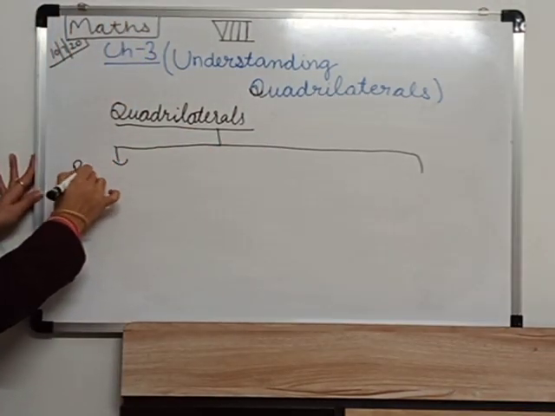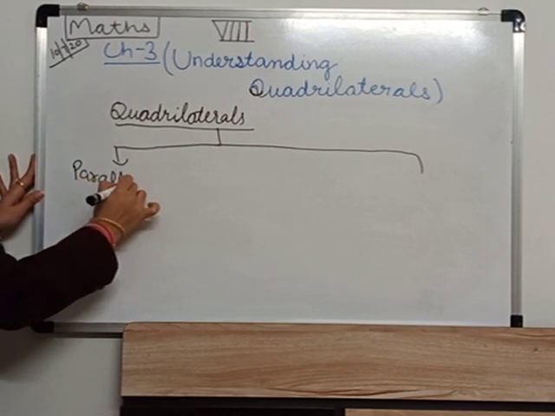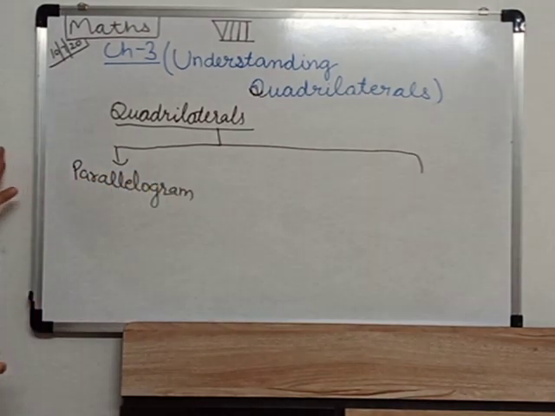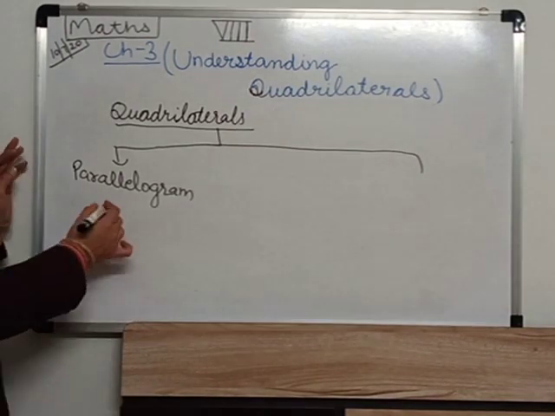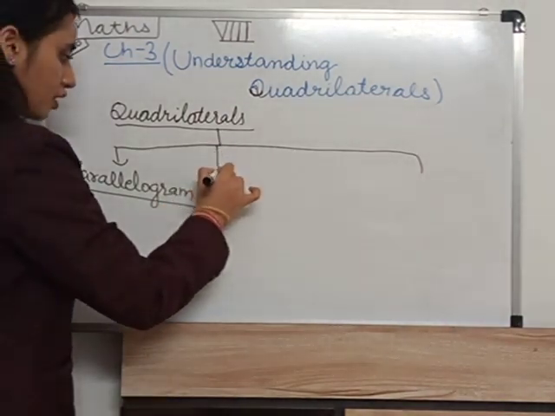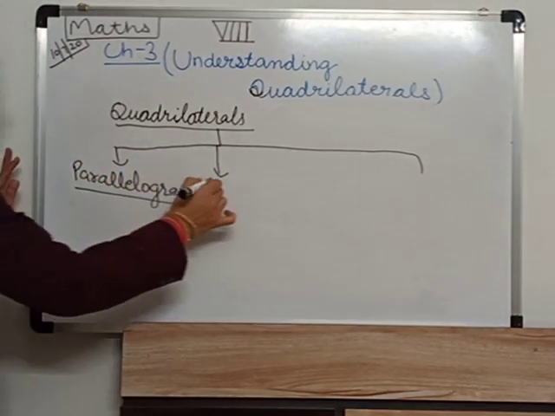First one is parallelogram. In this type of quadrilateral, opposite sides are parallel. Okay, and one by one we discuss the properties of these quadrilaterals. Second one is rhombus.